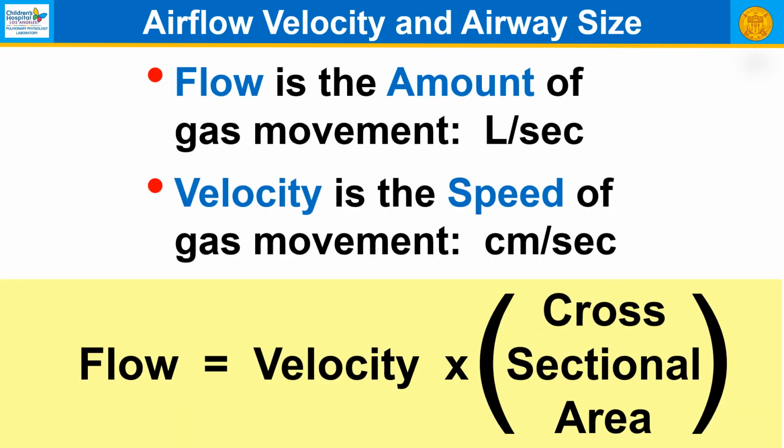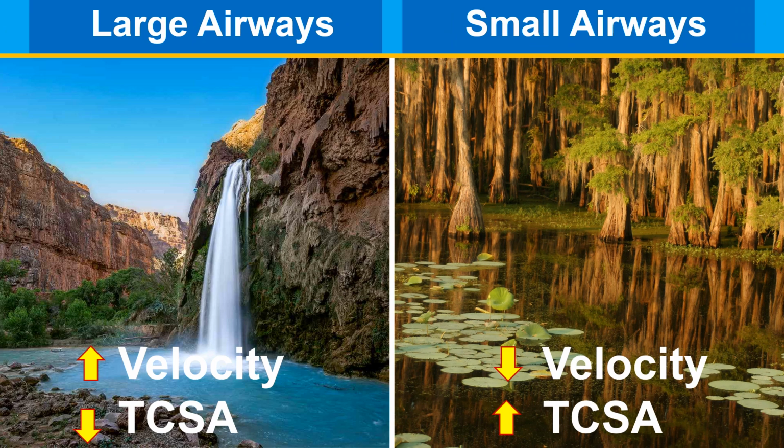Now, flow is the amount of gas movement, liters per second. Velocity is the speed of gas movement, centimeters per second. So flow is going to equal velocity, the speed of each molecule, times the cross-sectional area, that is, all of the molecules that are moving. If we look at this with airways, it's kind of like a river.